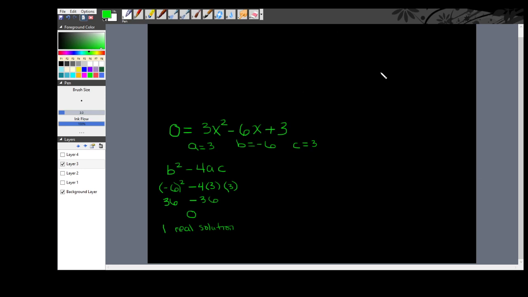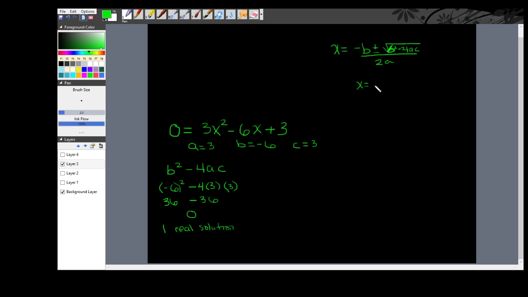Now I can find that solution, right? So the quadratic formula, the square root of our discriminant, b squared minus 4ac. I could finish the quadratic formula on this, and it will tell me the solutions.